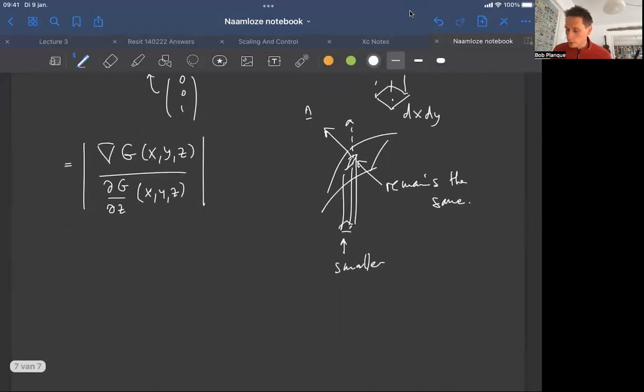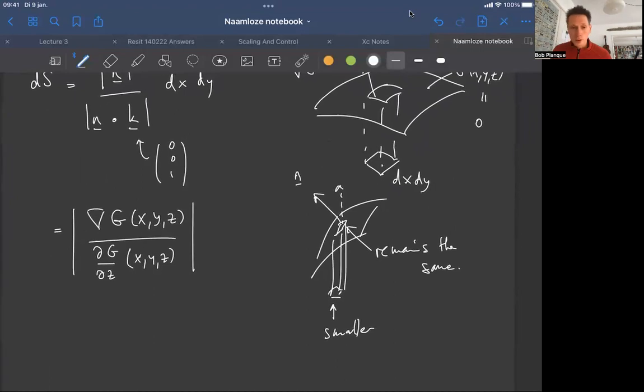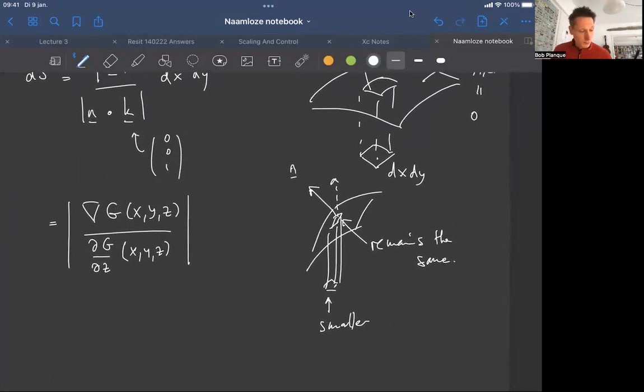So here's a direct, different and shorter formula for the computation of ds, which does not involve all these component functions x, y, and z of u and v.